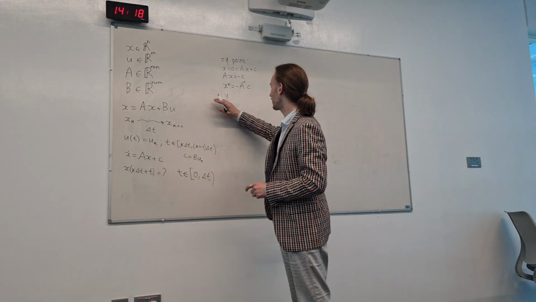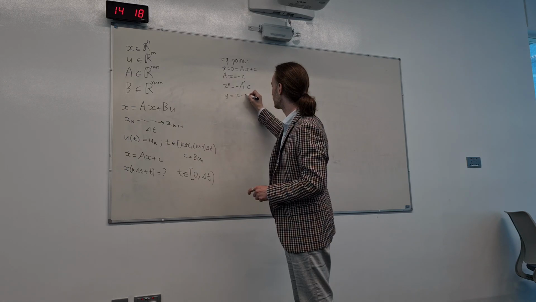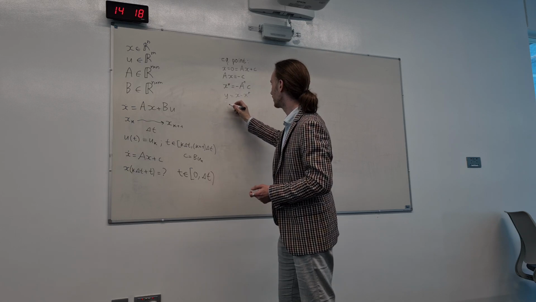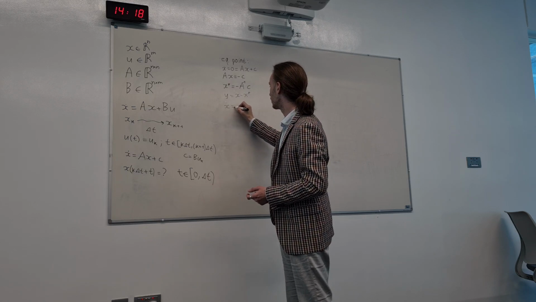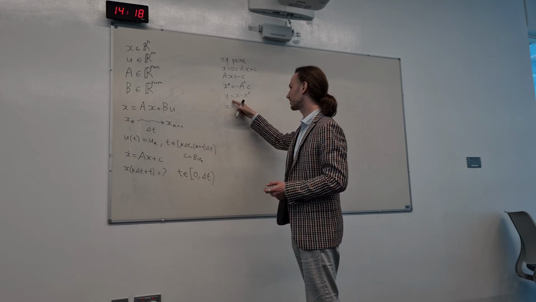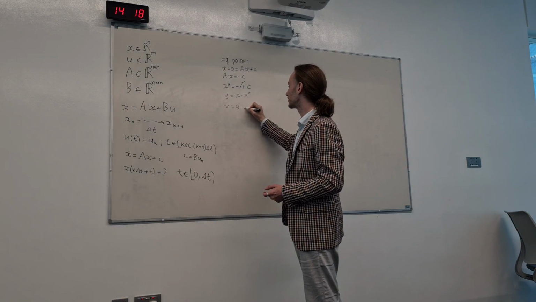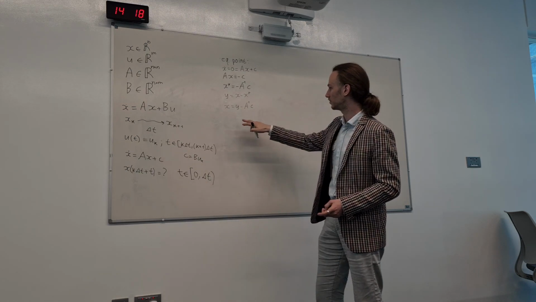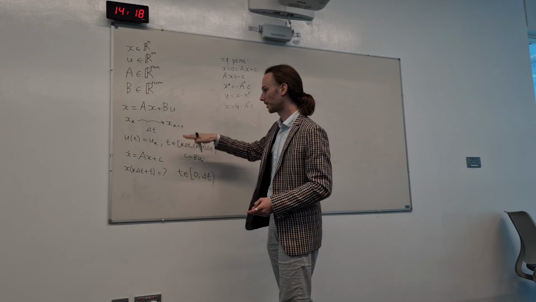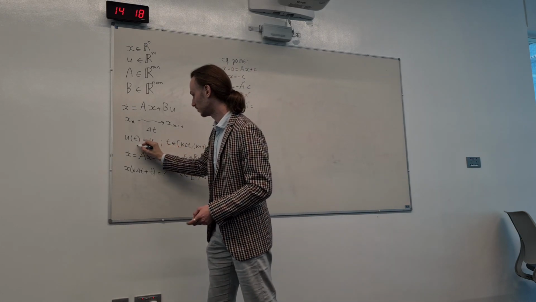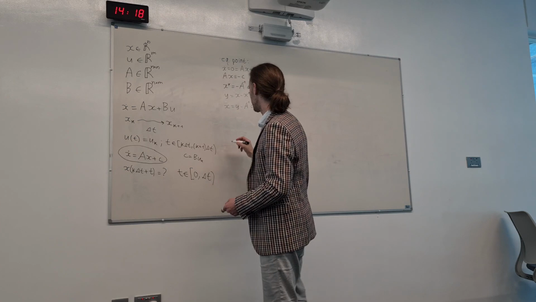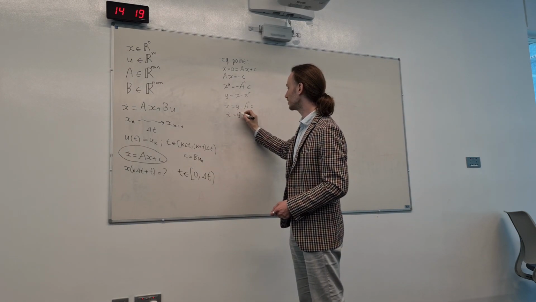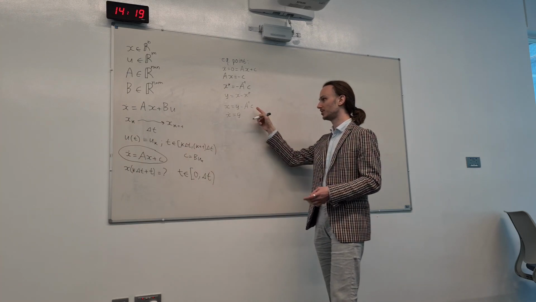Let's introduce y that is equal to x minus x star, and it will mean that x is equal to y plus x star, so y minus A inverse c. Let's plug this into the equation and see what happens. x dot is just y dot, because x star is a constant, and if we differentiate it, it vanishes.